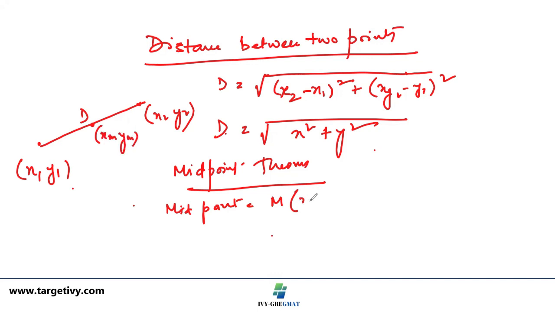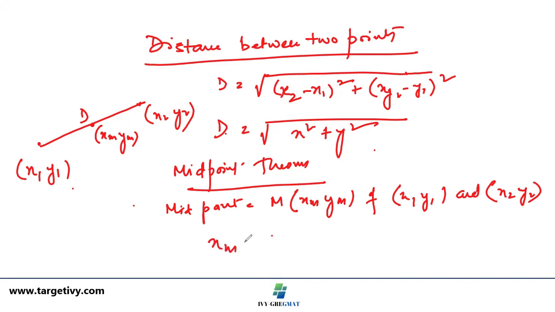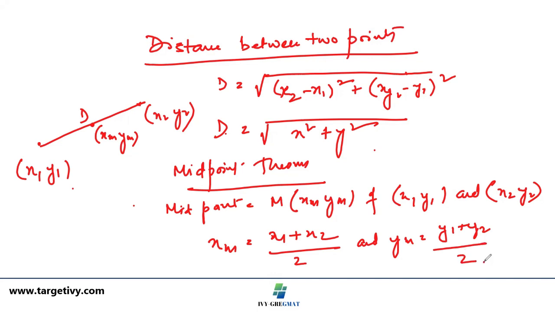So the midpoint xm, ym for x1, y1 and x2, y2 will be: xm will be x1 plus x2 divided by 2, and ym will be y1 plus y2 divided by 2.